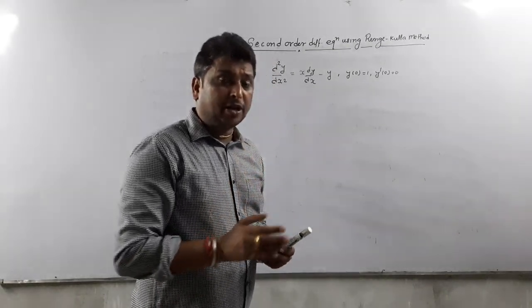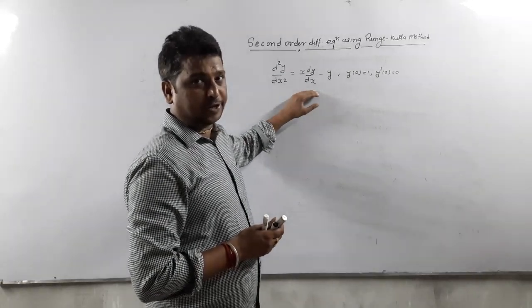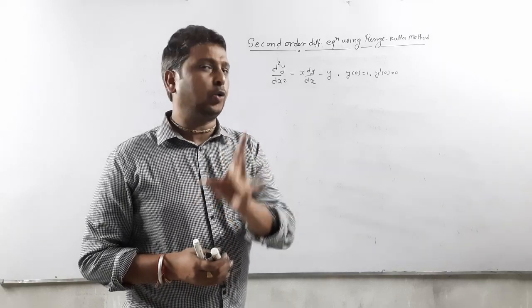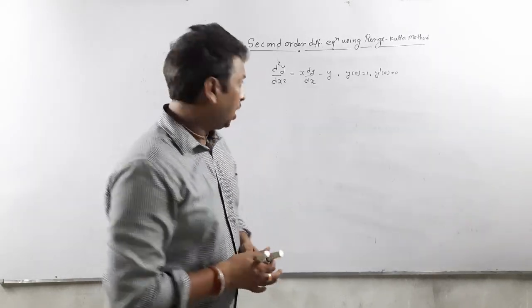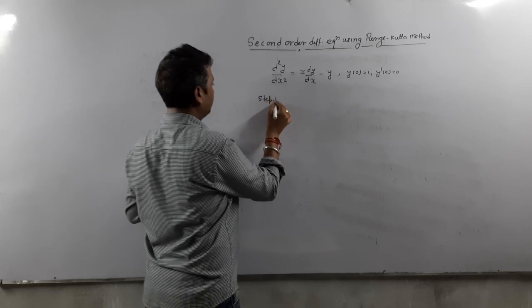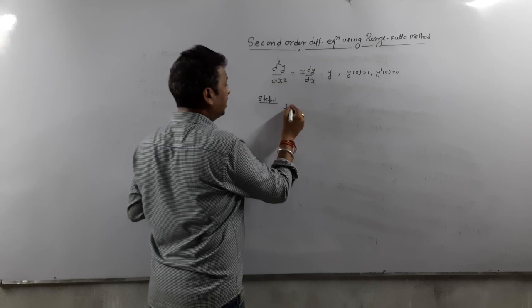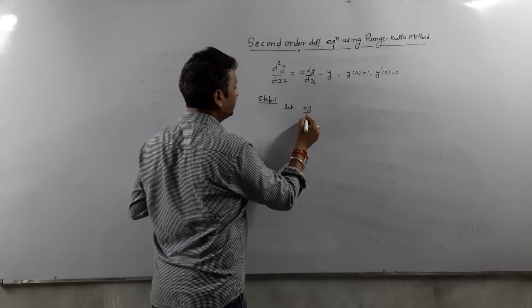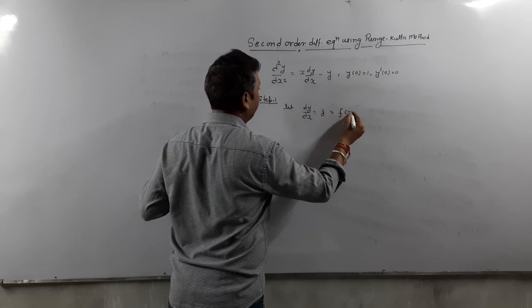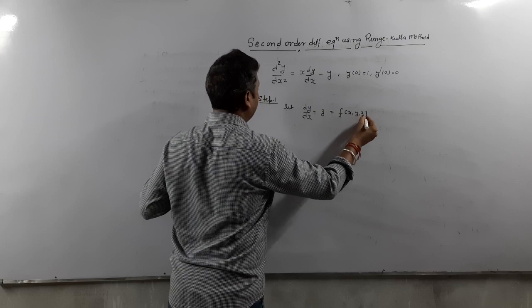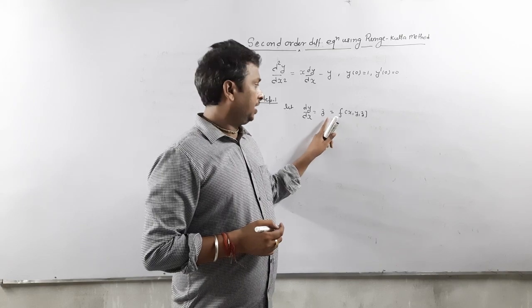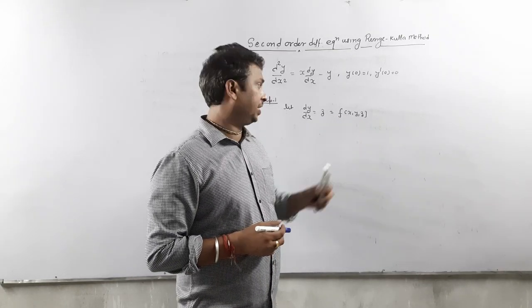So the first step is we reduce the second order differential equation into a system of first order differential equations, which we can do easily. How? I will explain in step 1. Always take dy/dx = z, and denote this function by f(x, y, z).